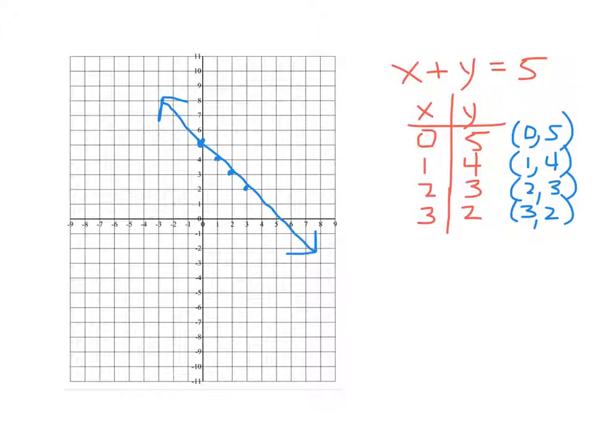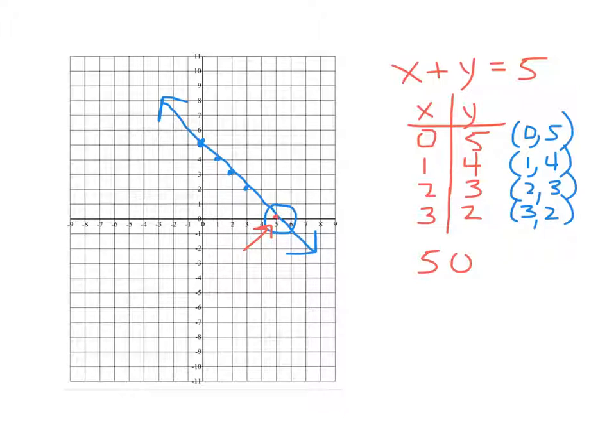So I didn't do a great job of drawing this, but you can see that I have this particular point right here, and it looks like it crosses at the point (5, 0). Well, (5, 0) is a solution for that. Every single point that this line crosses, every single coordinate pair that this line crosses, is a solution.